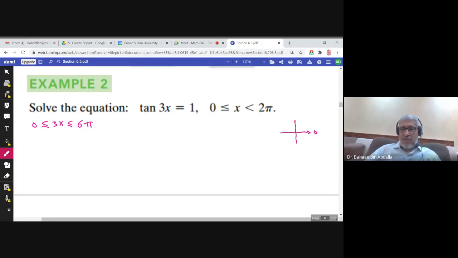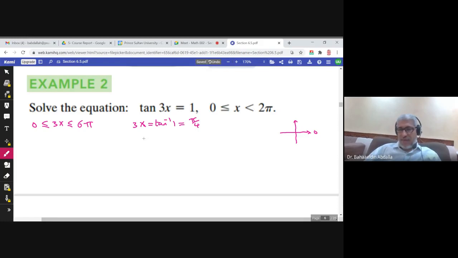And first thing I have to find out is to solve this equation. So if you solve this equation, 3x would be tan inverse of 1. And if you use the calculator to find tan inverse of 1, and make sure that you are in radian mode, the answer would be pi over 4.